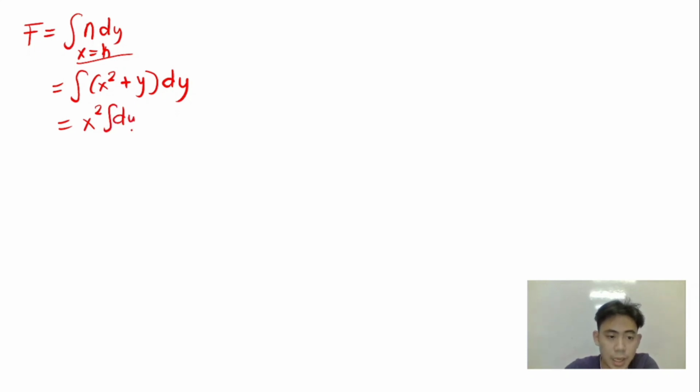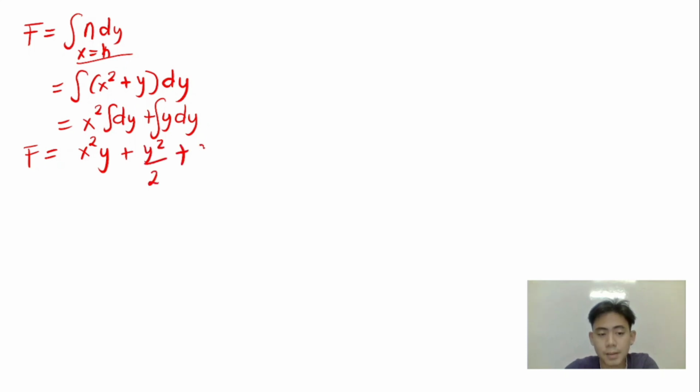So, x squared times the integral of dy plus the integral of y times dy. Okay? So, f now is equals to x squared times y, because the integral of dy is y, plus y squared over 2 plus s of x.